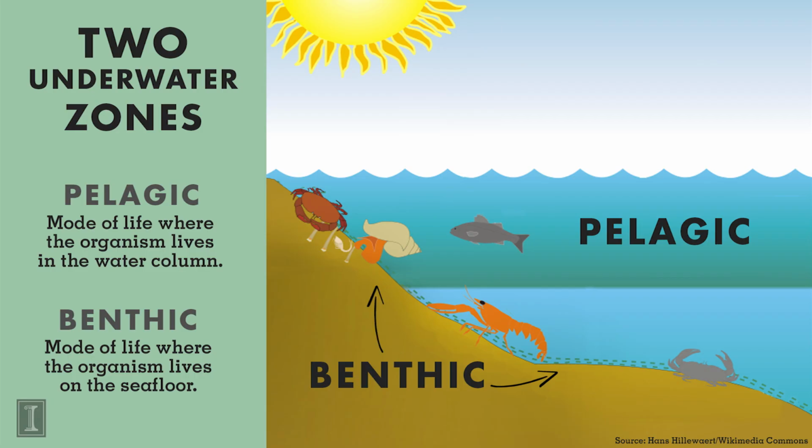If an organism lives along the seafloor, that's called the benthic region, so it's a benthic organism. Just to reiterate, in the water column, that's a pelagic organism. If it's living along or near the seafloor, that's a benthic organism.